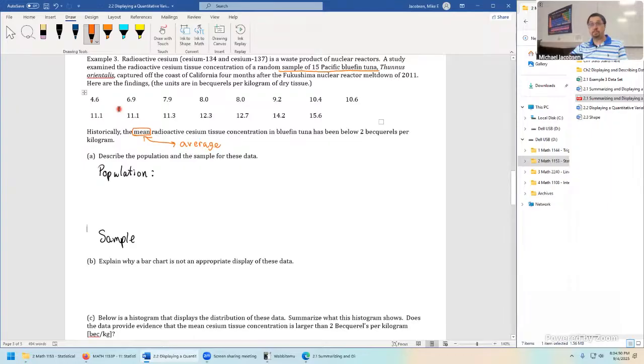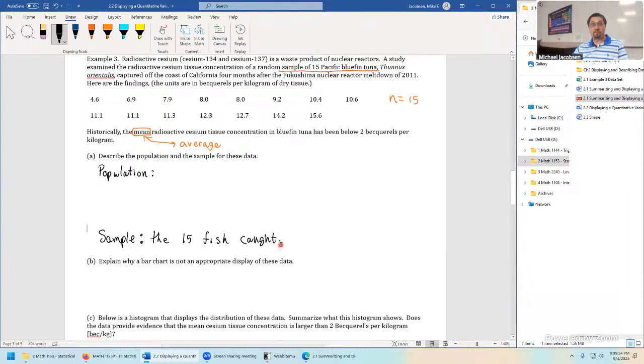And those are the 15 measurements that are just listed out. So the sample size n is 15, and we can just say, for the sample, the 15 fish caught. Or you just might have said the 15 fish used in the study, anything like that. You've described the sample to the fullest.